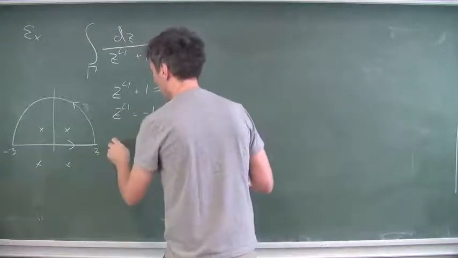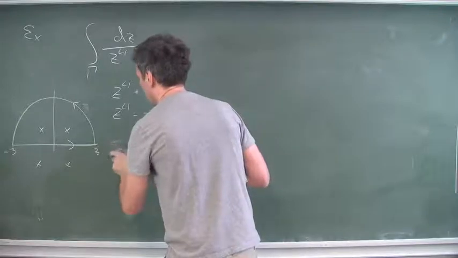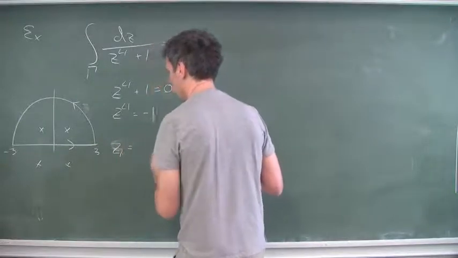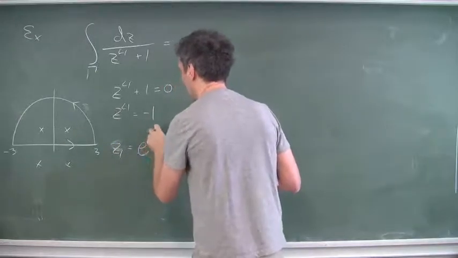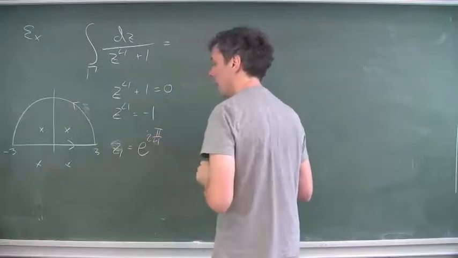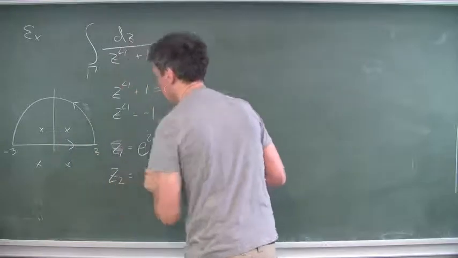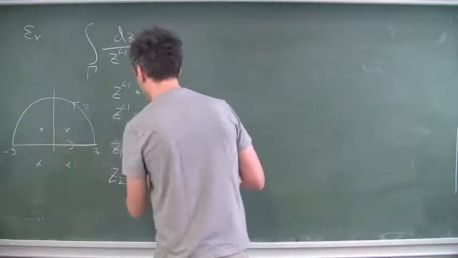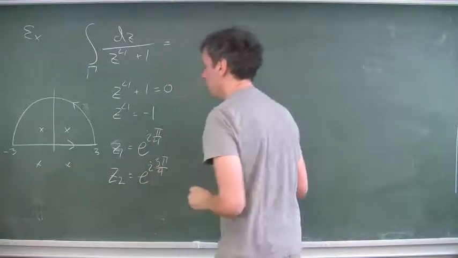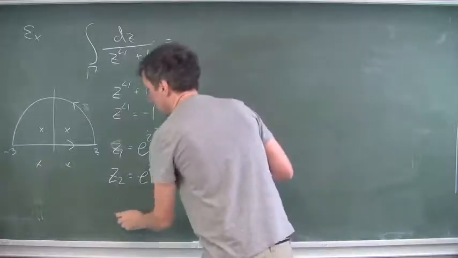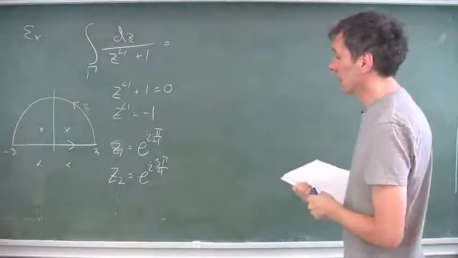We can call one z1, which is equal to e to the power i pi divided by 4. And the second one, z2, will be equal to e to the power i 3 pi divided by 4. We have similar expressions for the other 2, but we don't need them for this integral.